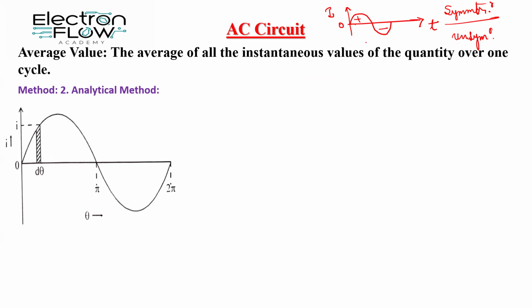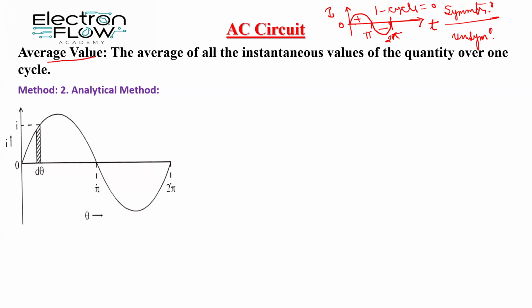Therefore, the average value over a complete cycle, which is completed at the 2 pi instant, this is your pi, is equal to 0.